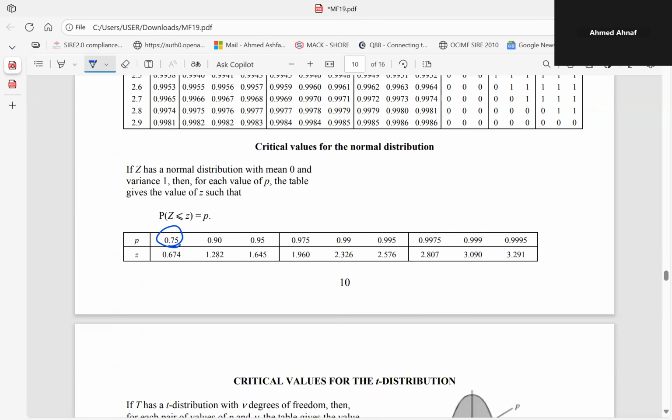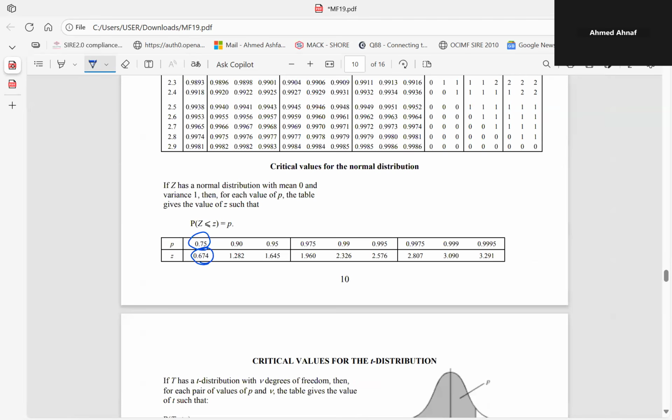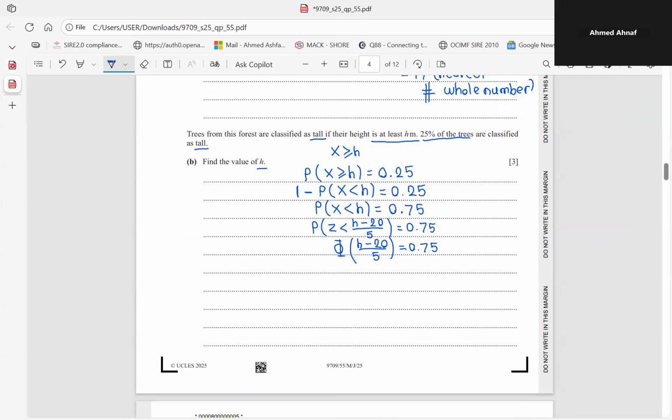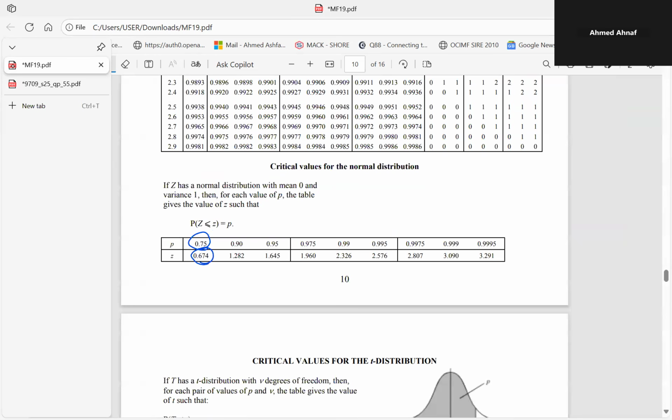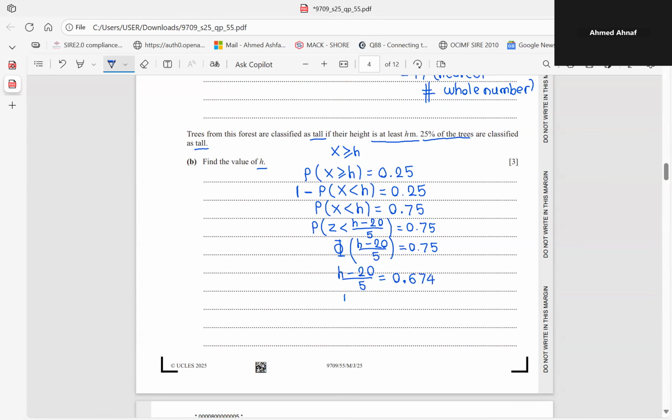So this would just be 0.674. Okay, so we can equate this h minus 20 over 5 as 0.674, and make h the subject.